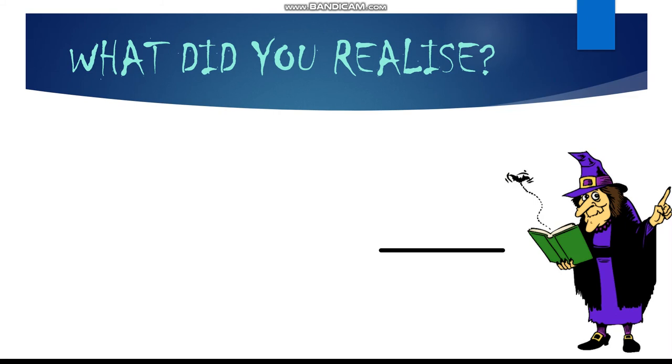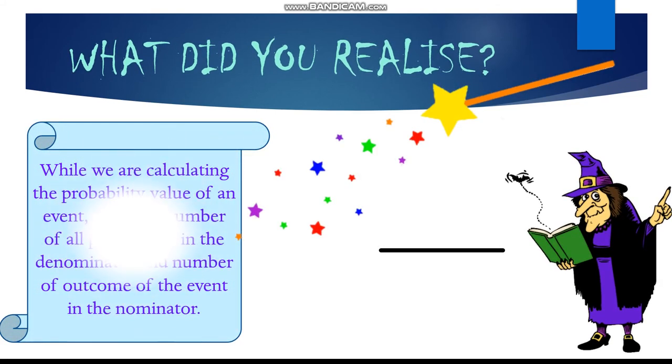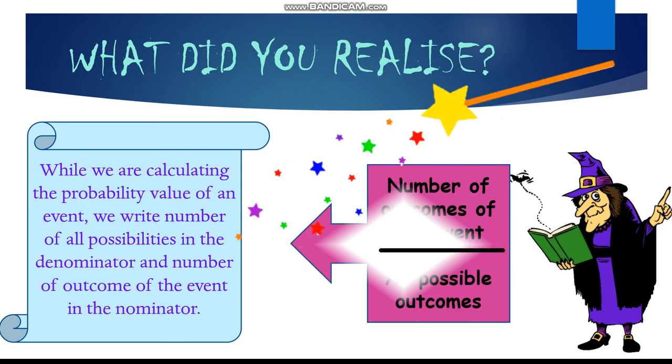What did you realize when you think about our questions? Yes, while we are calculating the probability value of an event, we write the number of all possibilities in the denominator and the number of outcomes of the event in the numerator. So in fraction form, it is number of outcomes of the event over all possible outcomes.